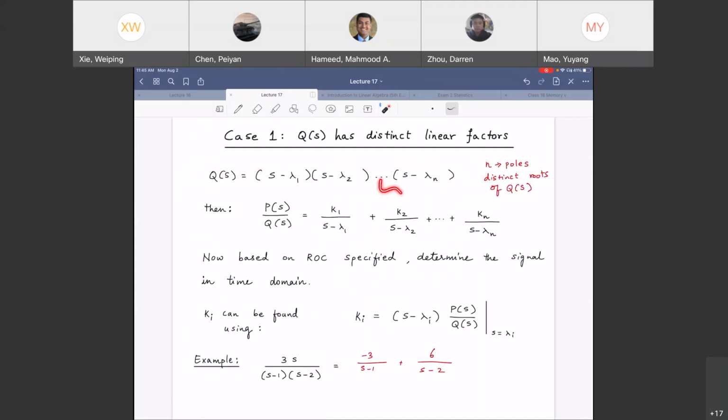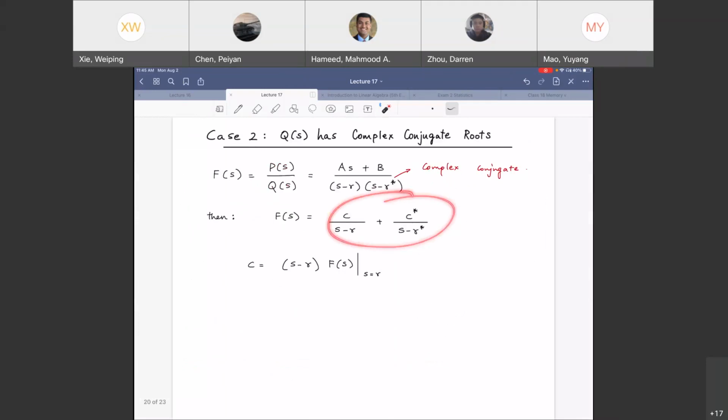In the middle, you may have 2 of them. You have the S minus R, and you also have S minus R conjugate. For that specific one, you have to deal with it as these 2 guys, where you are trying to find C. So again, you are trying to find the residue where you are substituting S equals R here, right? But you are not including this guy in there. So that's how you find C.